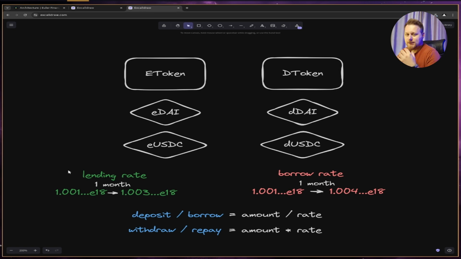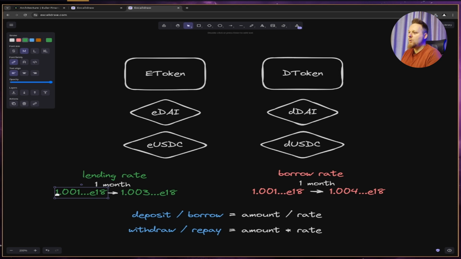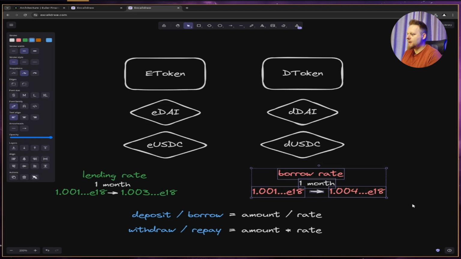They are using this rate counter that increases slightly with every block, and it's a global measure of how much the lending rate and borrow rate are increasing. So for example, we have this counter at 1.001 with 18 decimals precision, and after a month it grows to 1.003. The same can apply to the borrow rate, which might be a totally different accumulator.